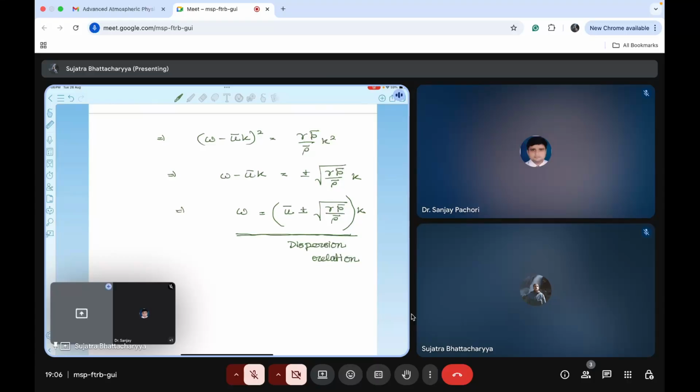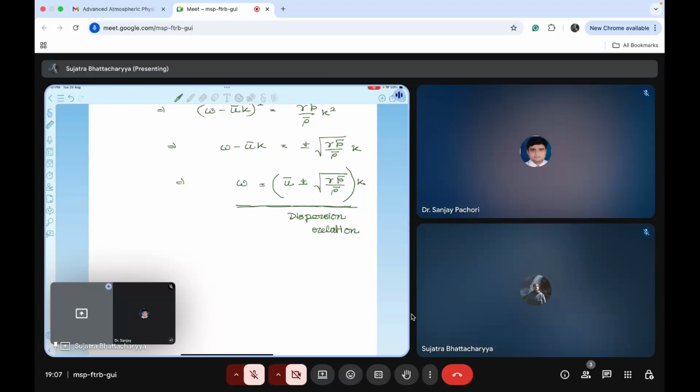The question is, is this wave a dispersive wave or not? How to check that? See the phase speed. How to check the phase speed? Very simple. We have derived the phase speed: C is omega by k. Just do that.